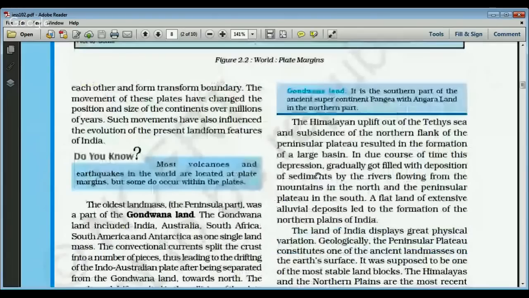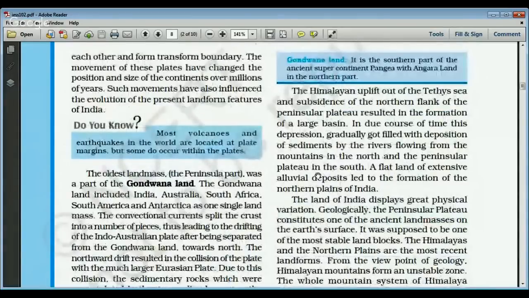Now, the Himalayan uplift out of the Tethys Sea and the subsidence of the northern flank of the peninsular plateau resulted in the formation of a large basin. The Himalaya was uplifted in the northernmost part of India, and the peninsula in the southern part subsided.